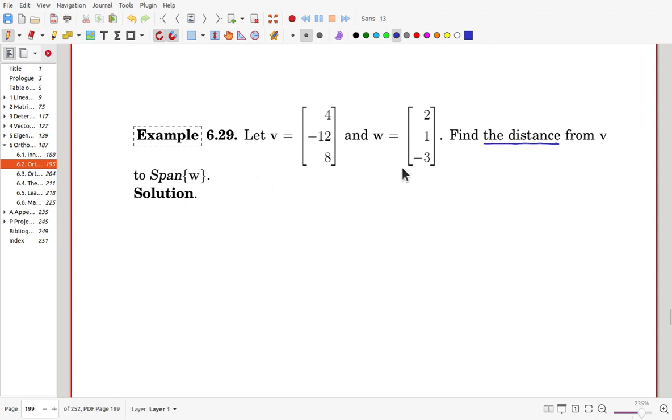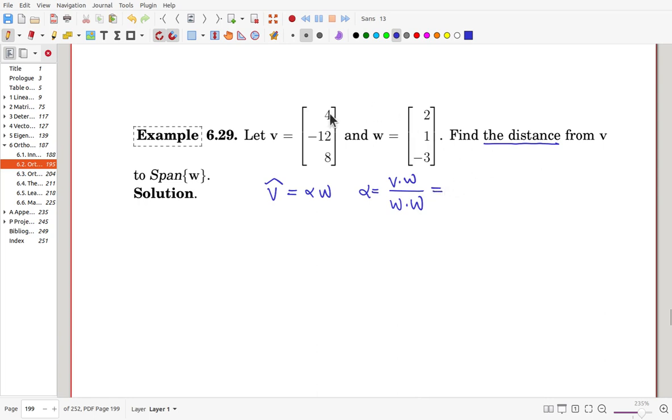And in R3, here we have to find the v hat. v is projected onto w. So v hat is alpha w. Now alpha is v dot w over w dot w, projected onto w space.